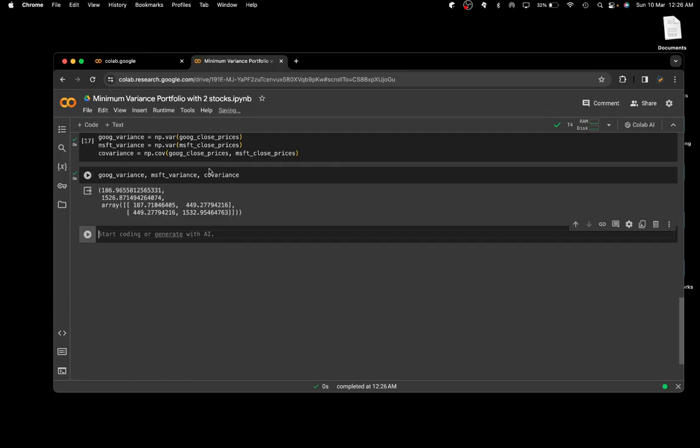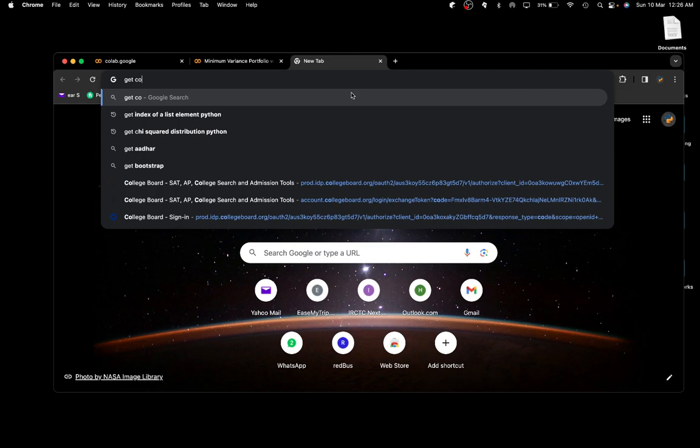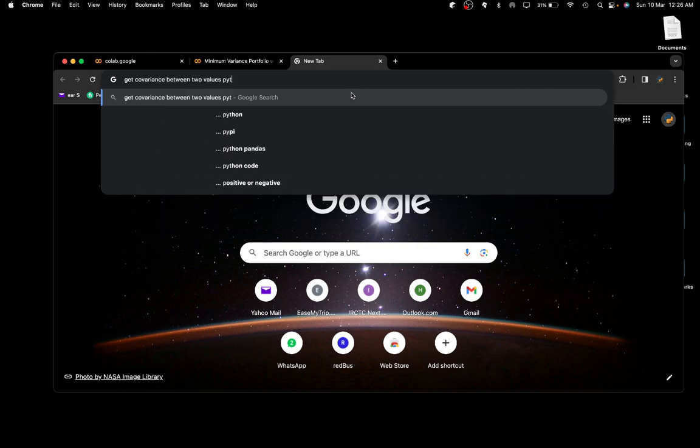And perfect. Okay, why on earth do I have a matrix? I'm just going to see how this works. Get covariance between two values, Python.